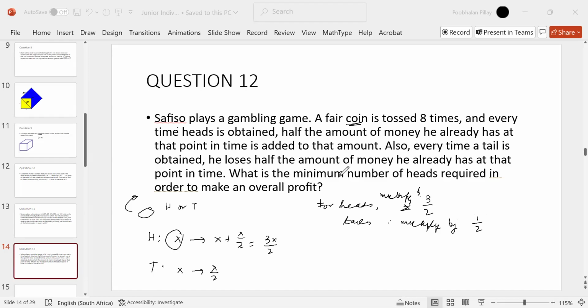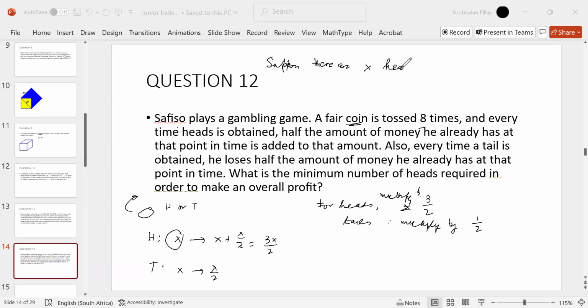Now, what is the minimum number of heads required in order to make an overall profit? Now, that is quite a mouthful. Okay. Now, the question is, what is the minimum number of heads? So suppose he throws it 8 times, and suppose x of them are heads. We don't know what this is.